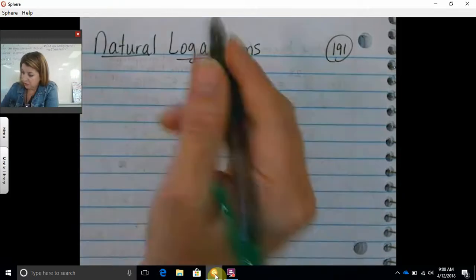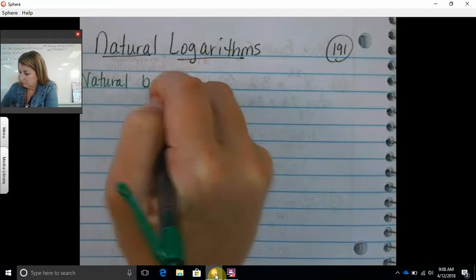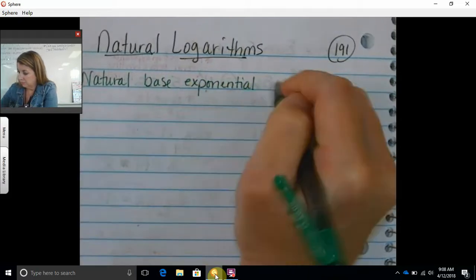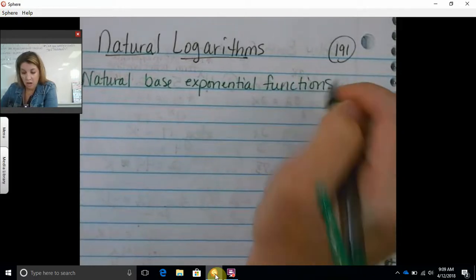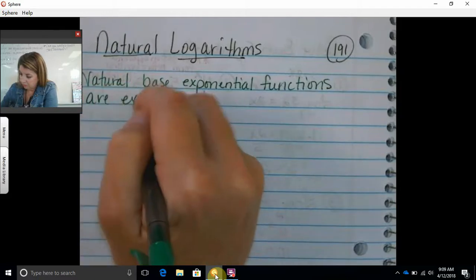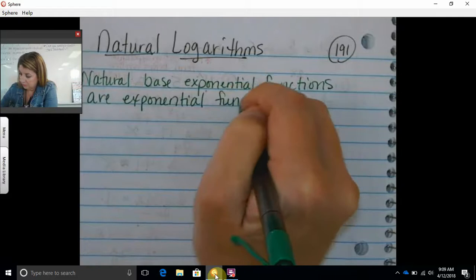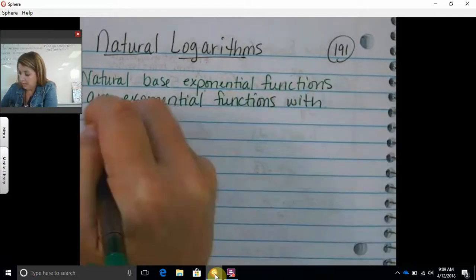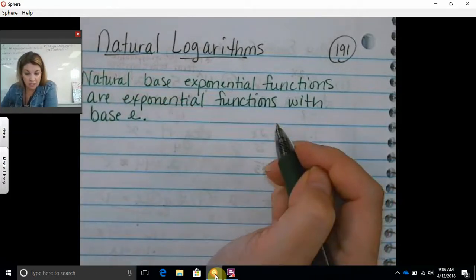Natural base exponential functions are exponential functions with base e. And that's like a lowercase cursive e.